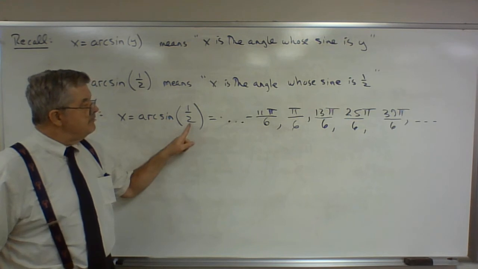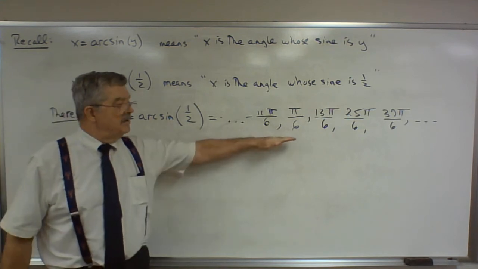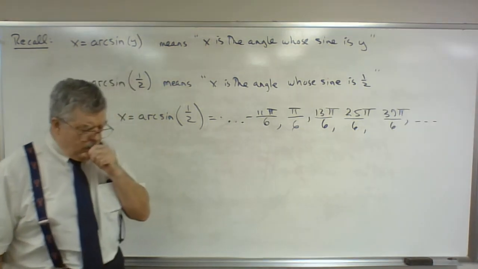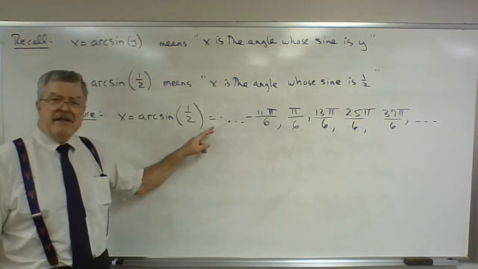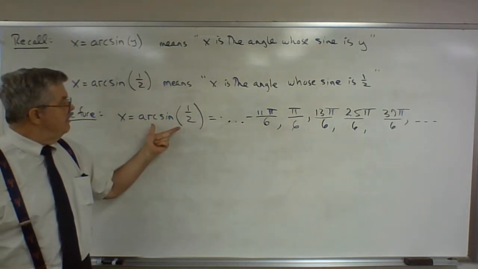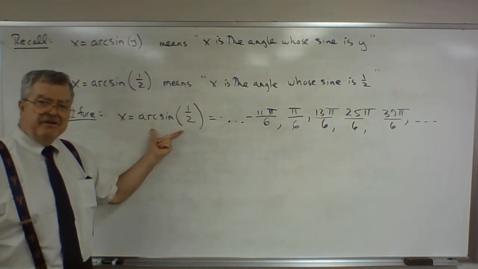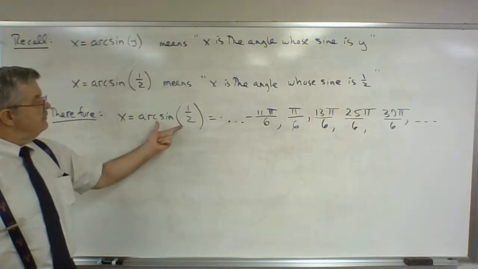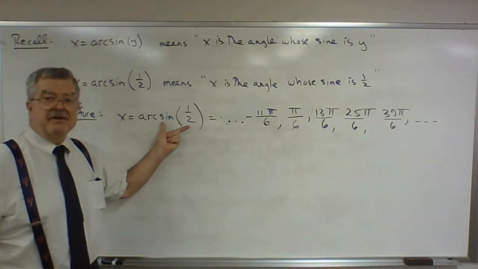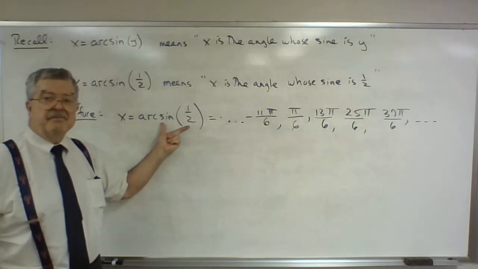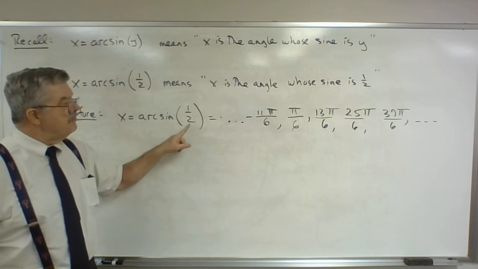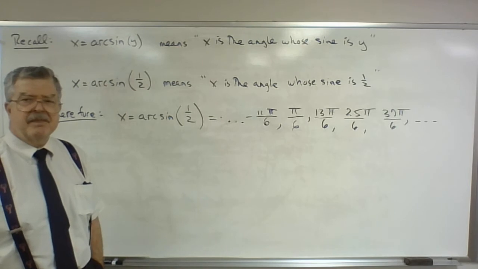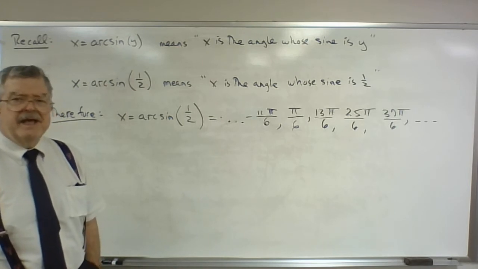Here we're plugging one value in, we get infinitely many values out. So the way things stand, this is not a function. Big problem. This can't be the inverse function of sine of x if it gives us more than one value for each x value that we plug in. So somehow we have to fix that.